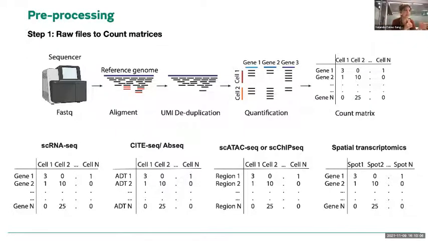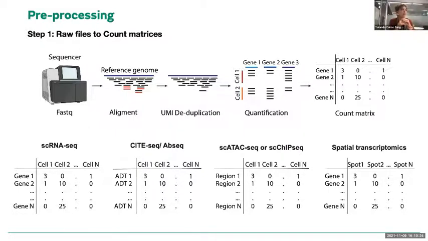So for example, CITE-seq and AbSeq, you will have your cells in the columns, but instead of genes, you have the antibody-derived tags. And for single-cell ATAC-seq or single-cell ChIP-seq, you don't have genes, you have regions, the chromatin regions, as your rows. And in spatial transcriptomics, you have genes, but in the columns, instead of cells, you have spots on your slide.